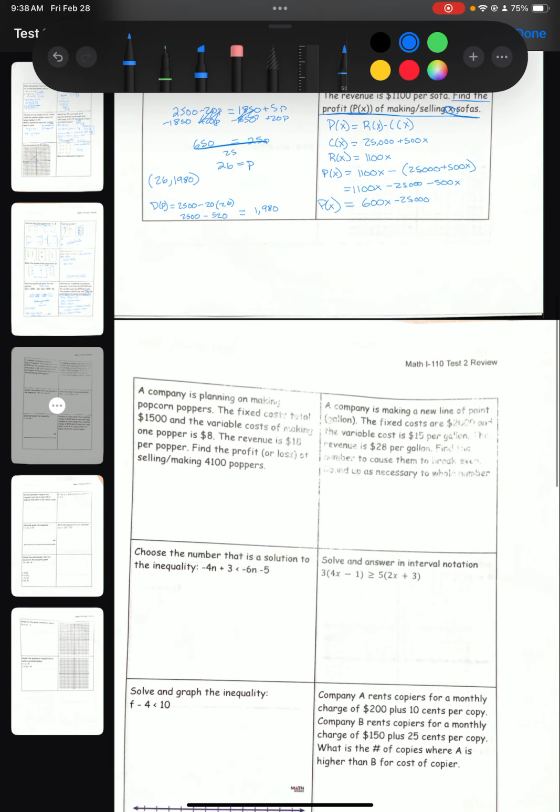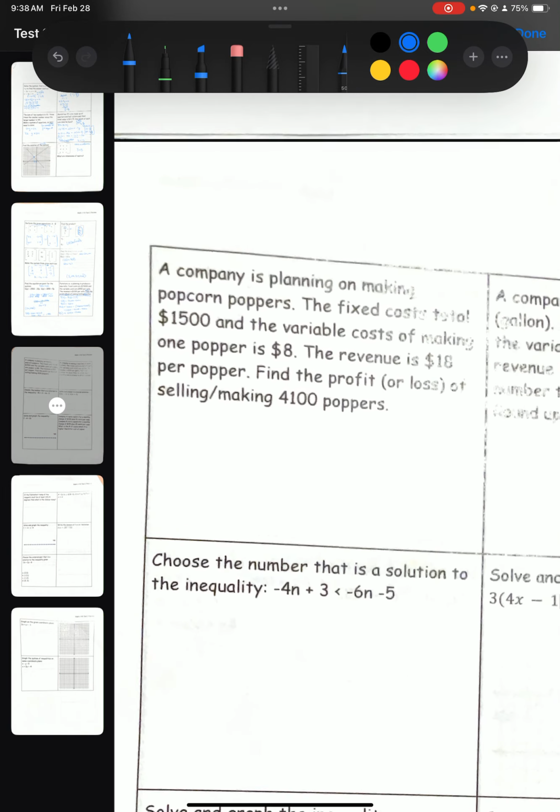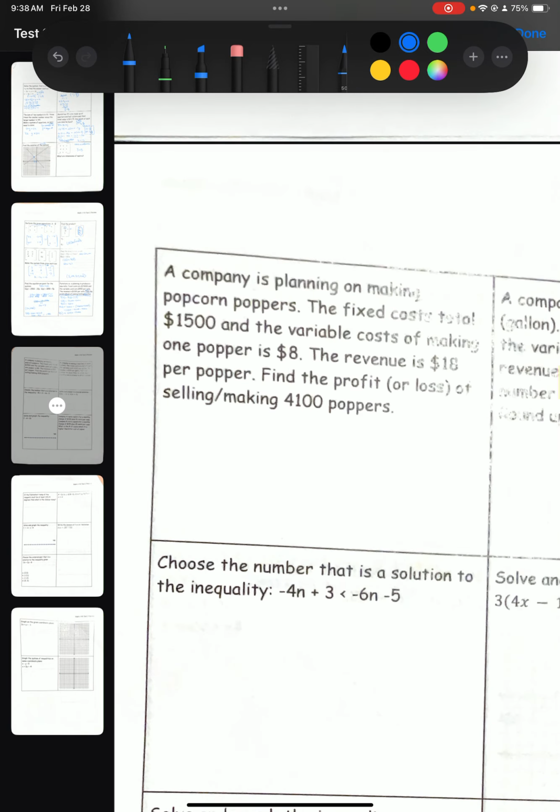All right, next problem. A company is planning to make popcorn poppers. The fixed cost total is $1,500 and the variable cost of making one popper is $8. The revenue is $18 per popper. Find the profit or loss of making 100 poppers.